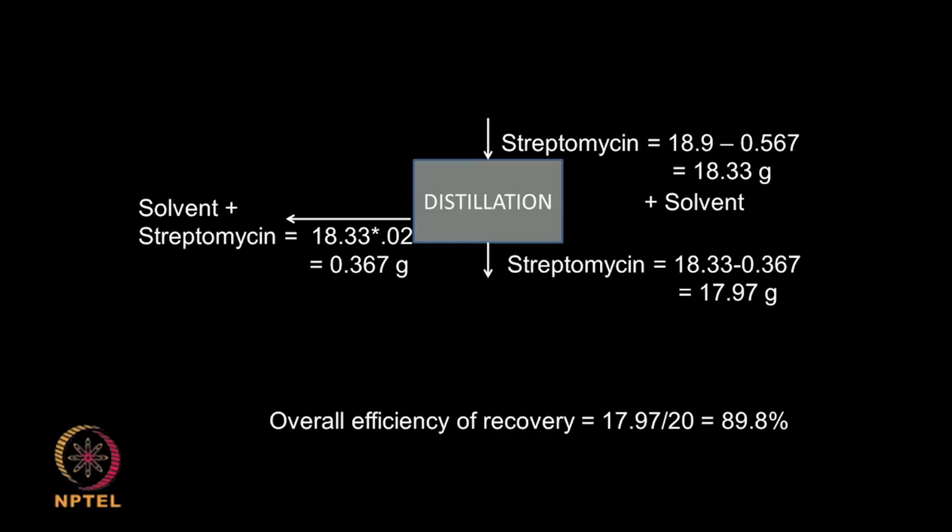I can improve the efficiency of the distillation. So, instead of losing 2% I can make it less, maybe 1% or so. So, by doing each one of these I can improve the overall efficiency of the entire process. So, I may be able to move up to maybe 95-96% efficiency. I may not be able to achieve 100%, but I may be able to go much higher.